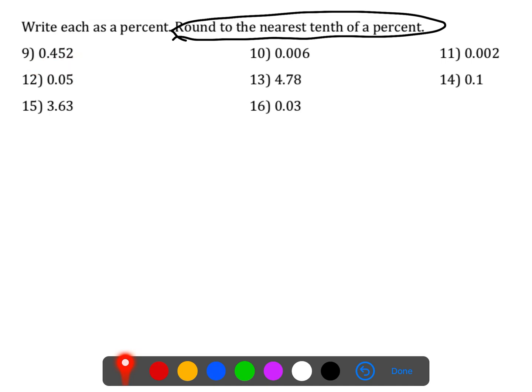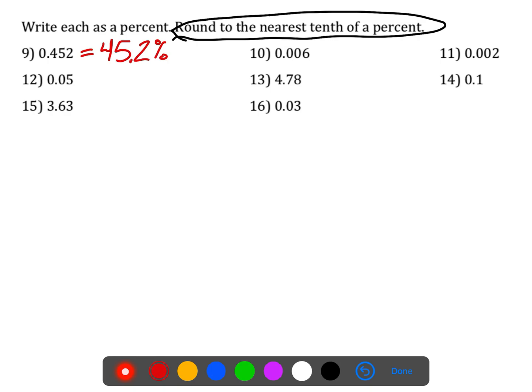So this 0.452, all these 3 digits are going to move up 2 spots to 2 larger place values. They're going to be multiplied by 10 and then 10 again to get that times 100. So this answer would be 45.2% if we wrote that as a percentage.